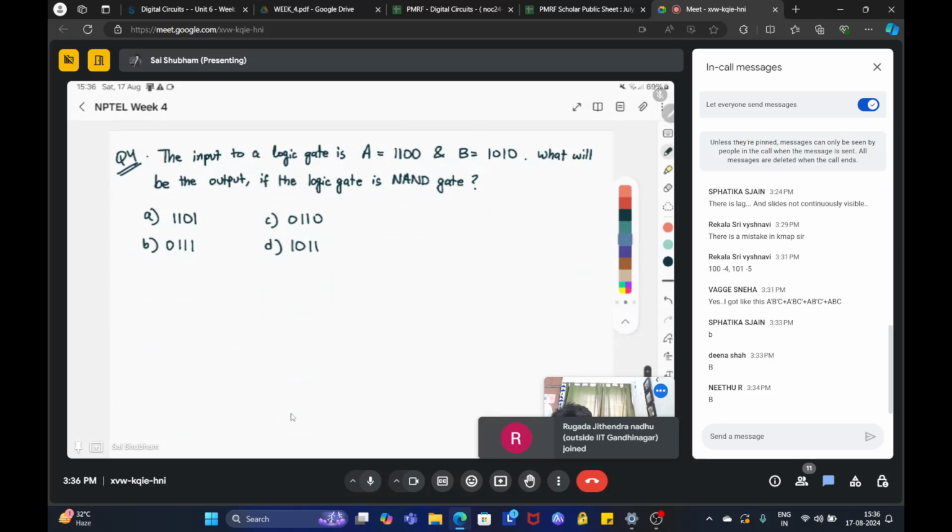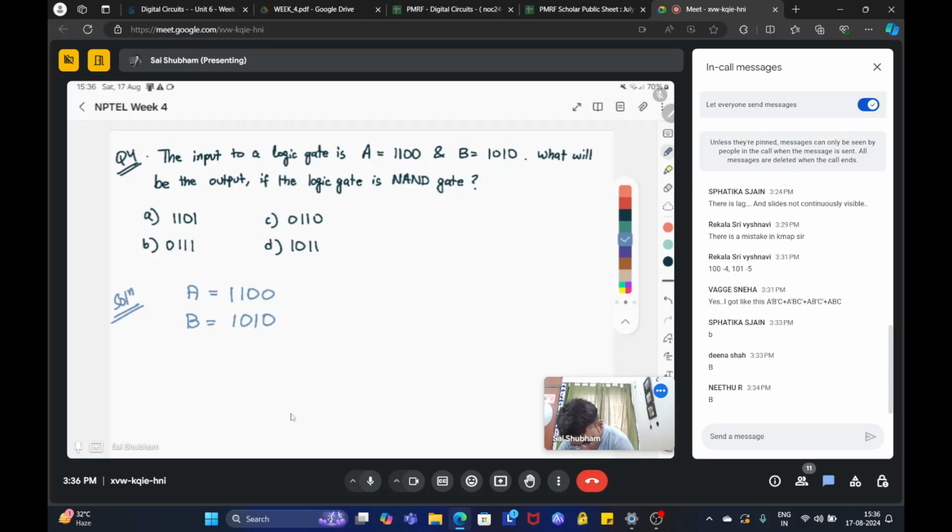So I will discuss the solution. This is a very simple question. A is 1100. B is 1010. If we make a development, it will be, so in this case it will be 0.